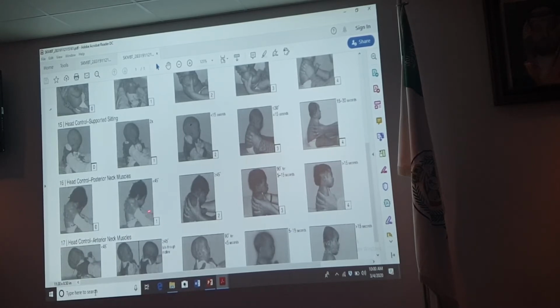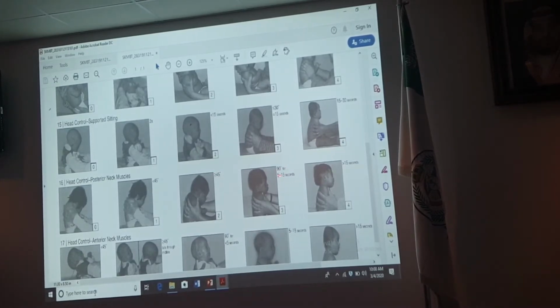The head is falling back and gradually the child is extending the neck. So you are looking at less than 45 degrees, more than or equal to 45 degrees, 90 degrees for less than 5 seconds, 5 to 15 seconds, or more than 15 seconds. And down you have a score. So whatever the child is getting, you circle it and that score will be counted.